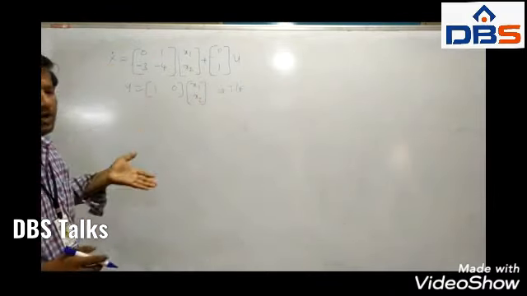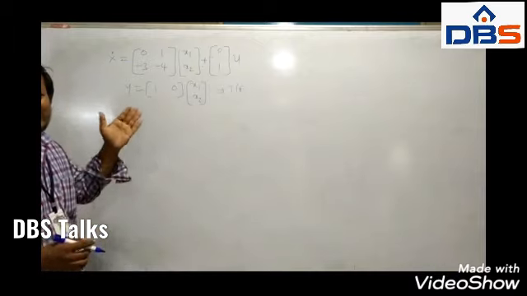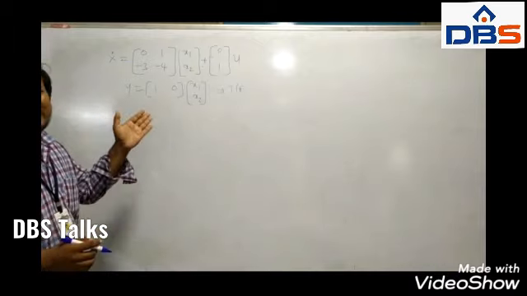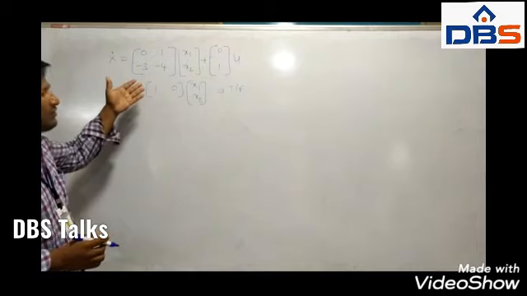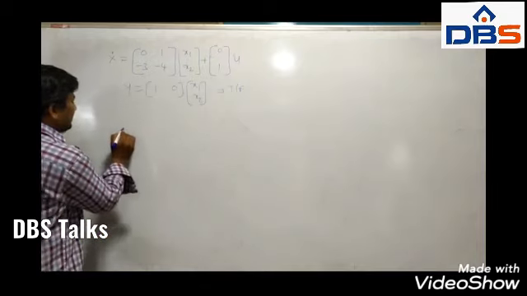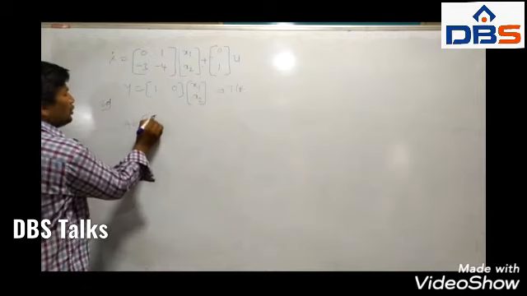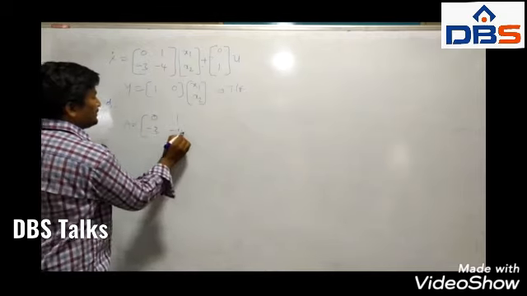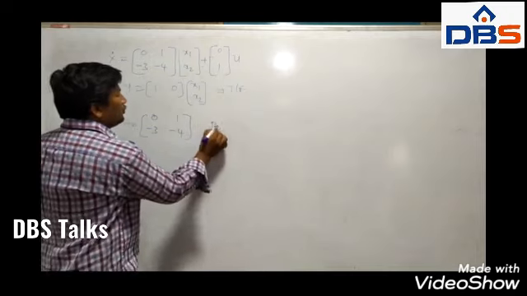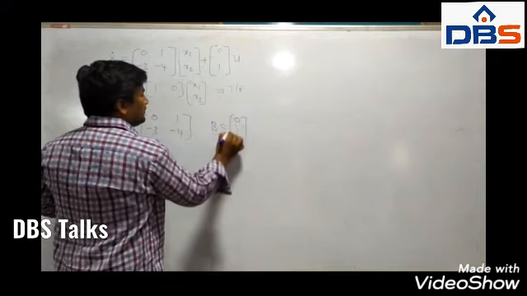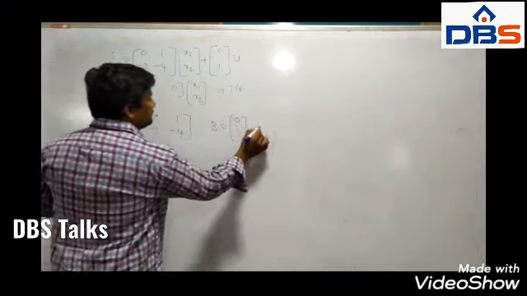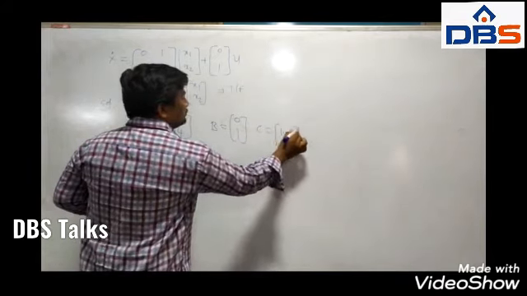Comparing with the standard state model x dot equal to Ax plus Bu, y equal to Cx plus Du, we know that A equal to [0 1; minus 3 minus 4], B equal to [0 1] and C equal to [1 0].